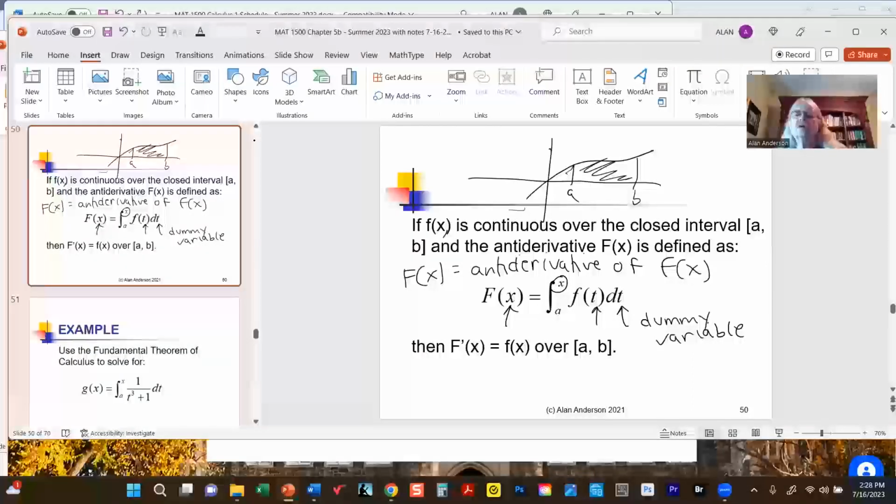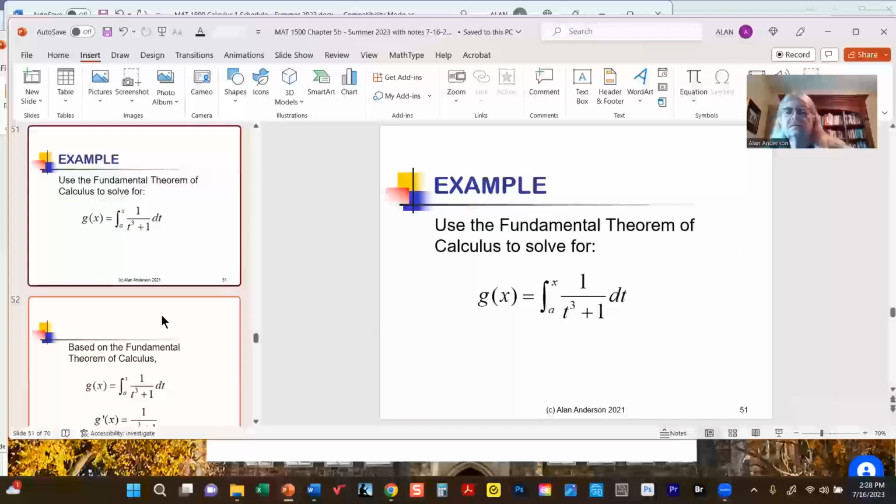And so what it's telling us is that if you take the derivative of the antiderivative, you'll end up with the original function, over that same interval. All right, so here's a numerical example of this. Here we have g of x is the integral from a to x of 1 over t cubed plus 1 dt.